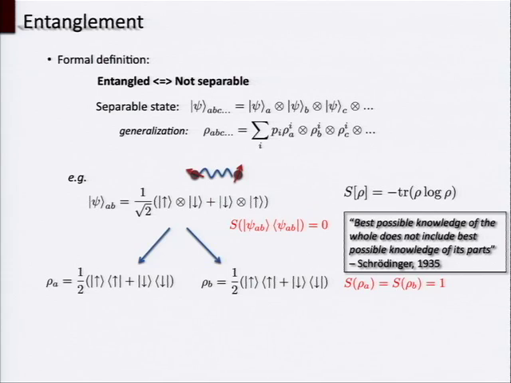And this is the reason people get excited about entanglement, or people are perplexed by it, because this is very counterintuitive. If I tell you I know everything about everything in this room, I should be able to answer the question about what color is this chair, right? But that's not the case for entanglement. Even if I know everything about the global state, I can have as little knowledge as possible about individual states.